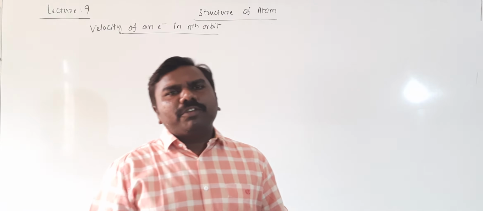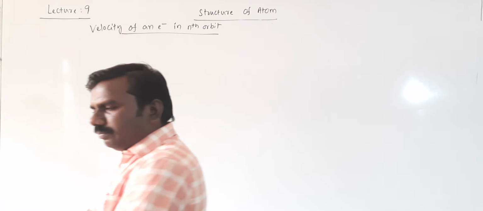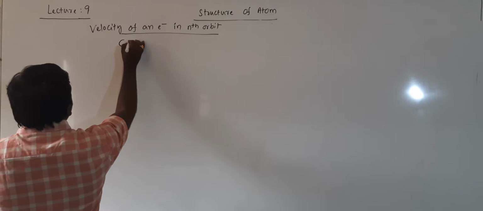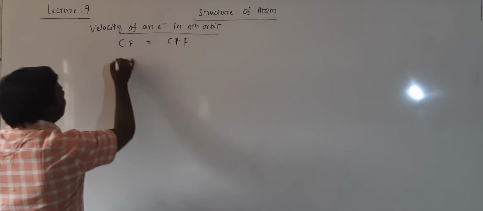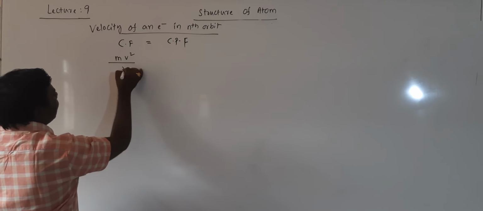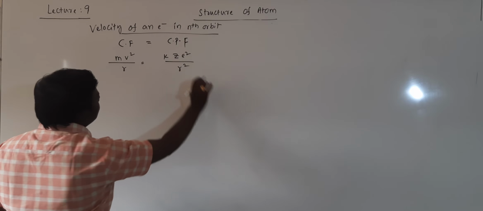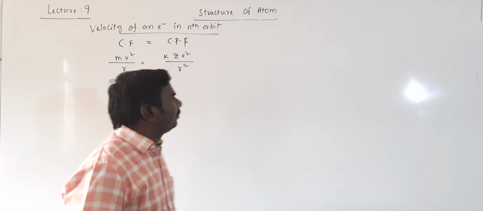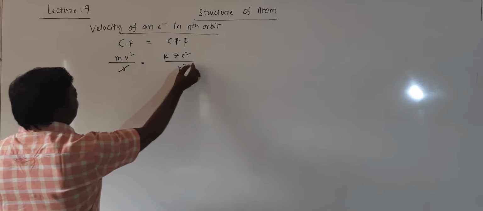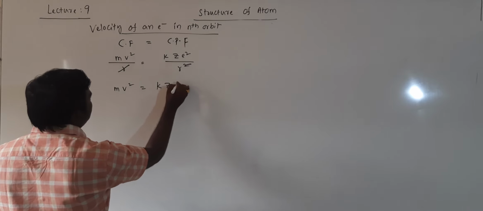You know centrifugal force is equal to centripetal force already. Centrifugal force is mv square by r, and the electrostatic force is kZe square by r square. Already in the last video we discussed these formulas. Then r will cancel: mv square equals kZe square by r.